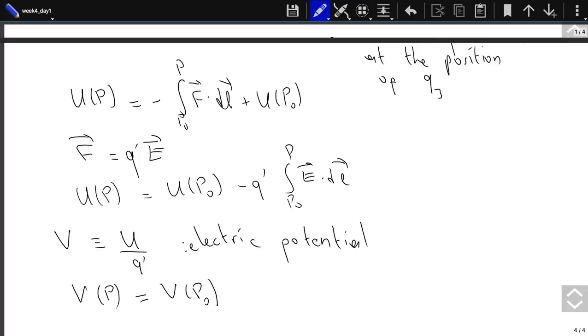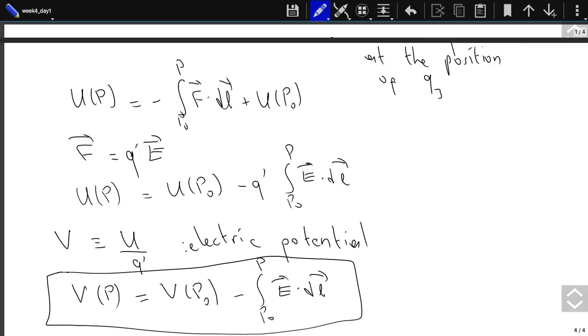You just fix your electric potential at some reference point, minus from that reference point to the final point E dot dl. This is called the electric potential of that point, P.